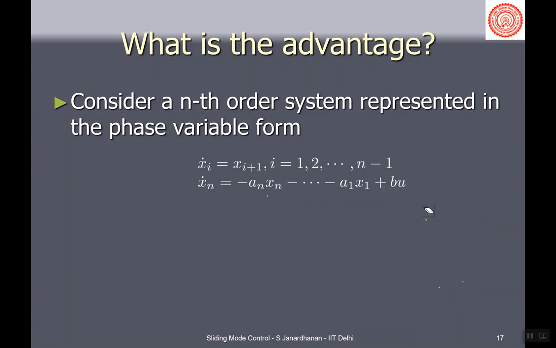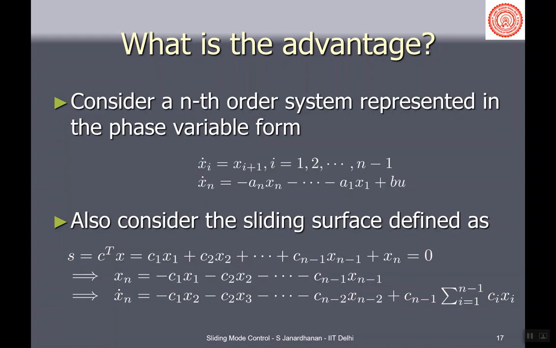Okay, now what would happen when you do a sliding mode controller for this? Let's say that you define a sliding function, s is so much, and this would actually mean that xn is this one, and if you make s equal to 0, then this condition should be satisfied.